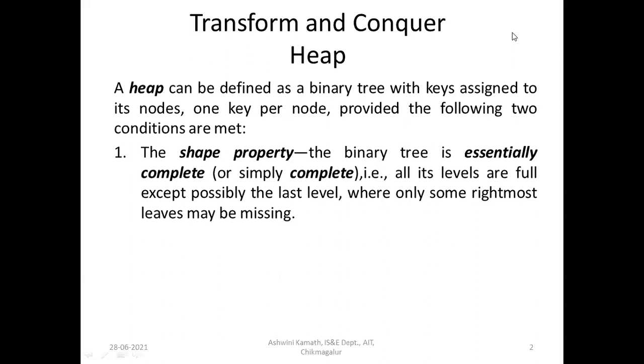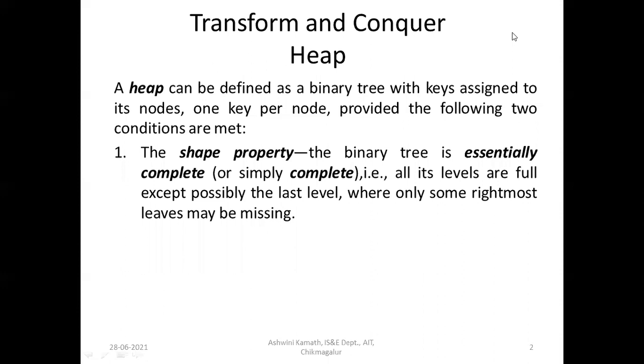This property must be satisfied, that is, all its levels are full except possibly the last level, where only some rightmost leaves may be missing. While filling the binary tree, we fill it from left to right. All the levels must be filled except for the last level.